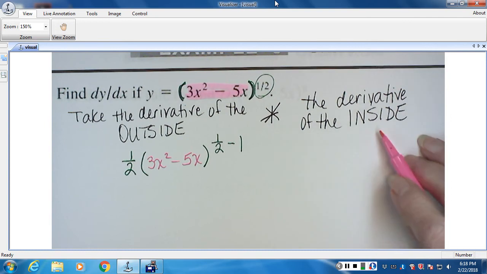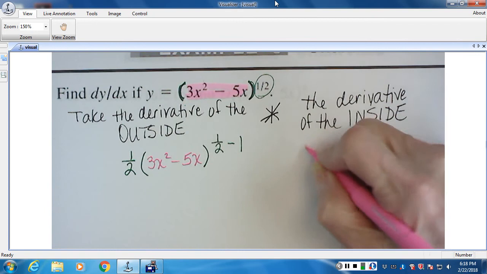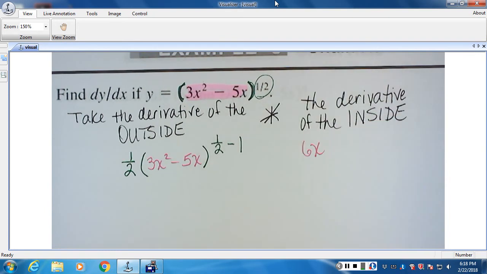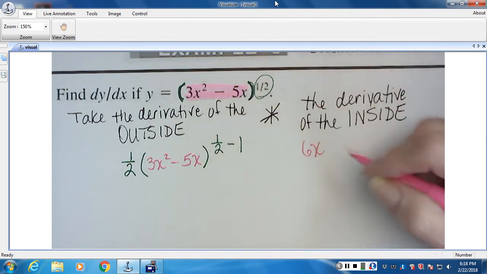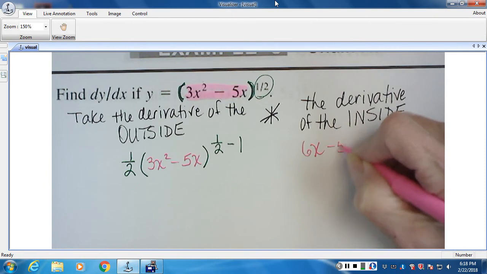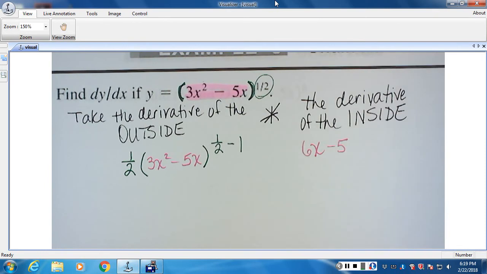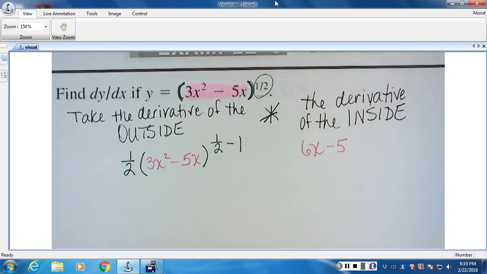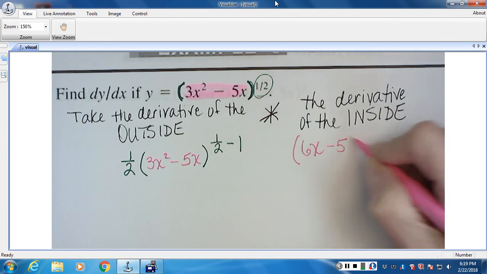The derivative of the inside function is 2 times 3 is 6x, and 2 minus 1 is 1, so that's 6x to the first, minus 5, because that's x to the first. 1 times 5 is still 5. But when I say x to the first minus 1, that becomes x to the 0, and x to the 0 becomes just 1. Okay? And then it says take the product. Okay, fine. I'll multiply by that.